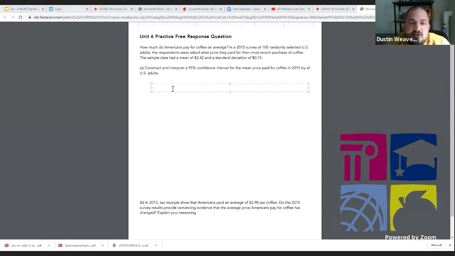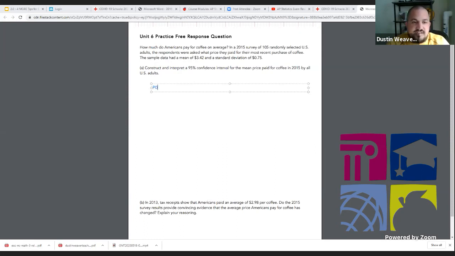So how much do Americans pay for coffee on average? In a 2015 survey of 105 randomly selected U.S. adults, the respondents were asked what price they paid for their most recent purchase of coffee. The sample data had a mean of $3.42 and a standard deviation of 75 cents.